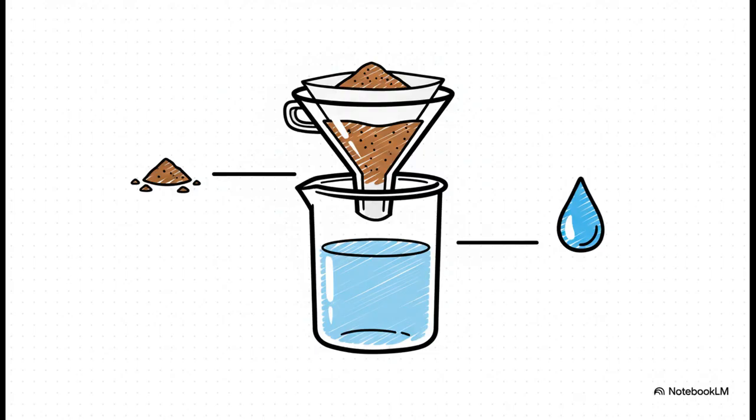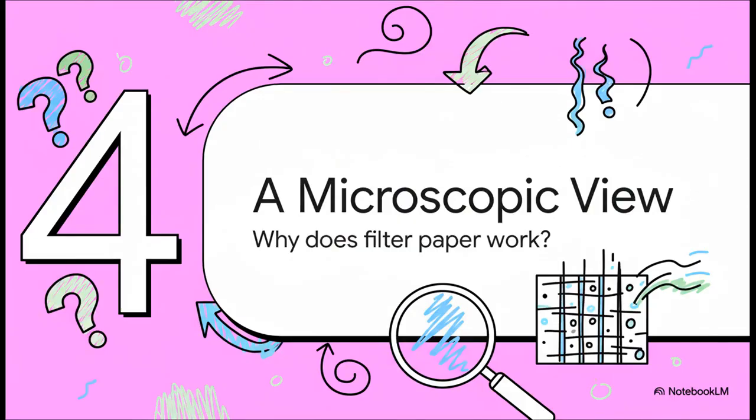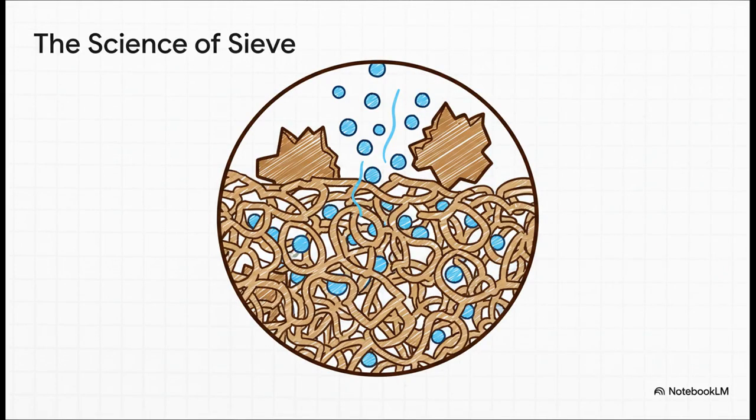Pretty cool, right? So, we know what happened, but the much more interesting question is why? What's the big secret behind that little piece of paper? To find that out, we need to zoom in. Way, way in. So imagine we have this super-powered microscope, and we're looking at the filter paper up close. What would we actually see? Turns out, filter paper is basically a microscopic sieve.